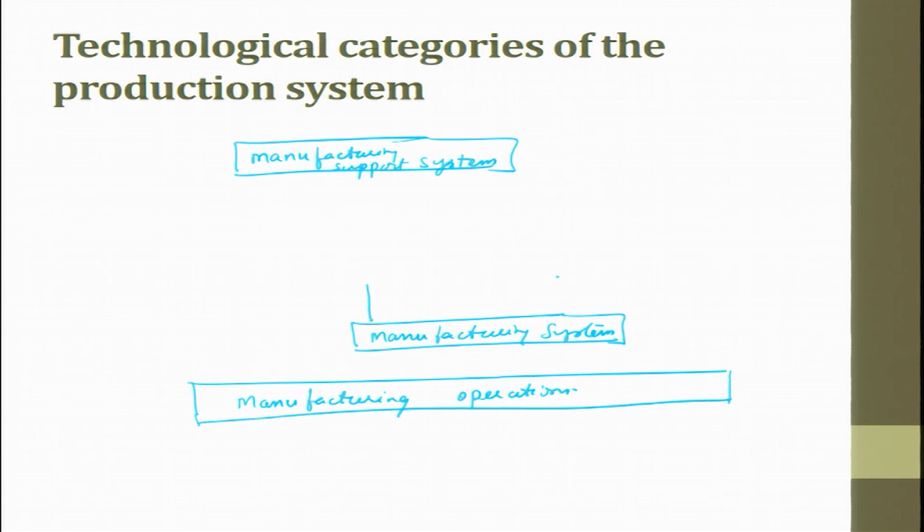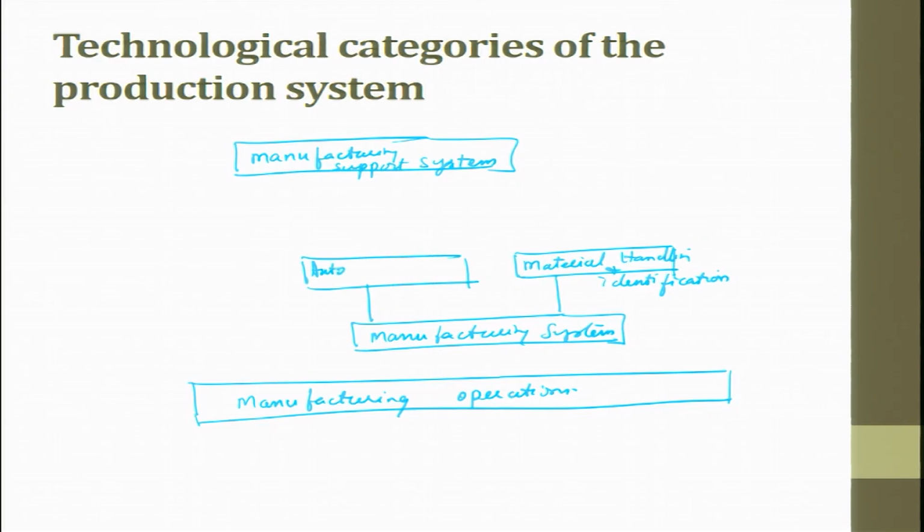so here you will have two more systems. One is called material handling and identification, and you will have automation control technologies, automation and control technologies.